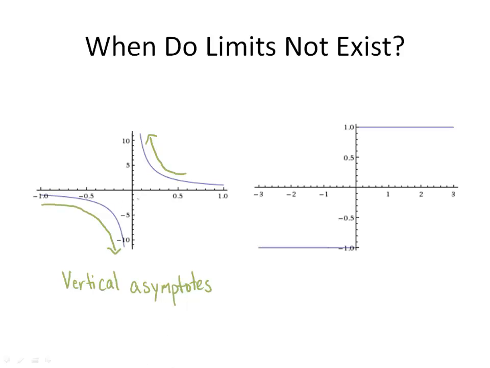So if you get negative infinity from the left and positive infinity from the right, it doesn't work out, right? Also, jump discontinuity. If you approach from the left, it's at -1. If you approach from the right, it's +1, so they don't agree, right? So the limit doesn't exist at 0 here as well.